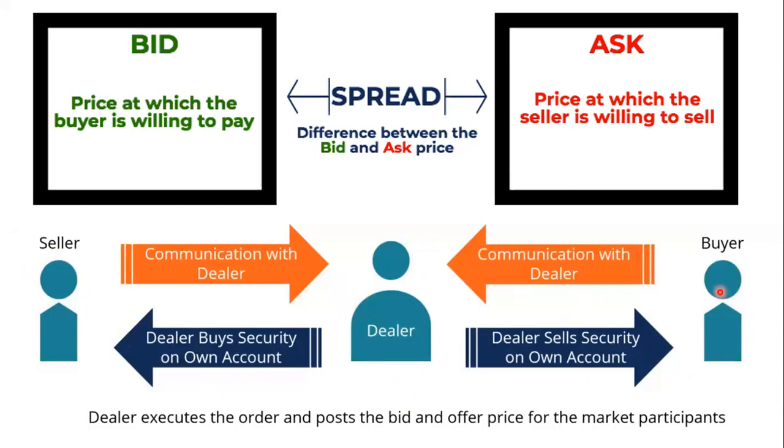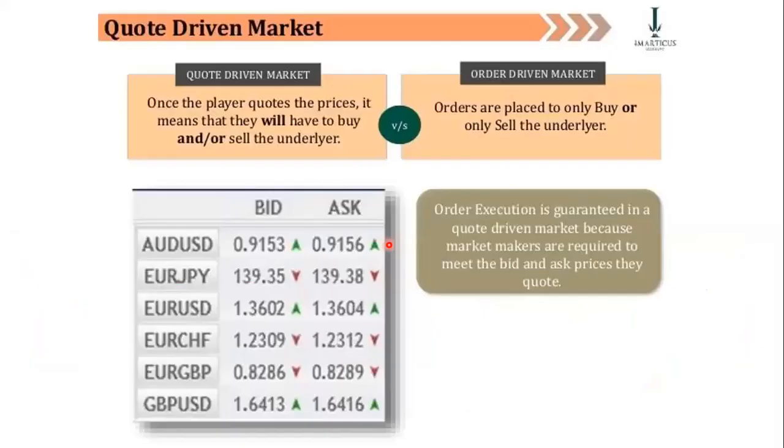This is the mechanism of a quote-driven market. In a quote-driven market, you can find this kind of board in banks. They display exchange rates. You can find bid and ask price. Bid means purchasing price, ask means selling price.